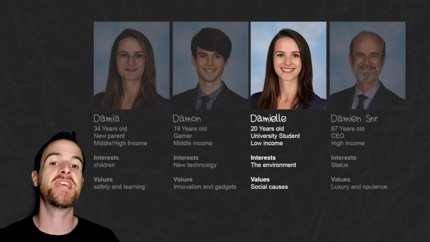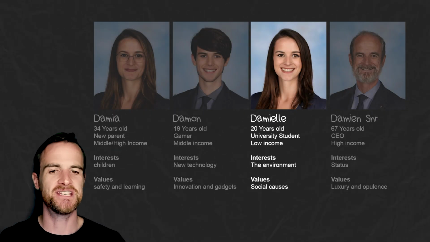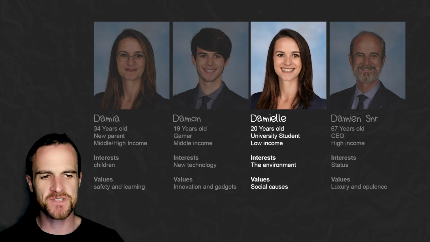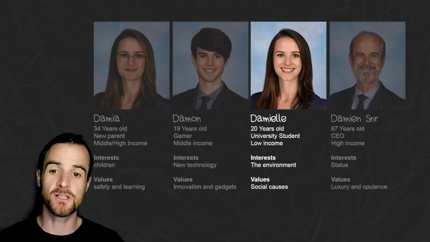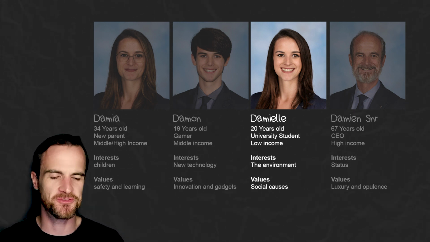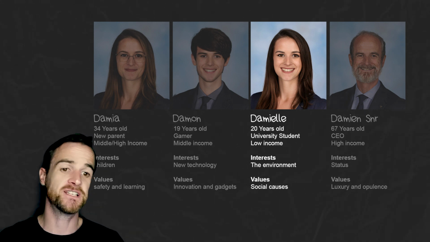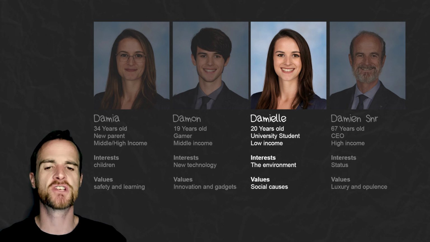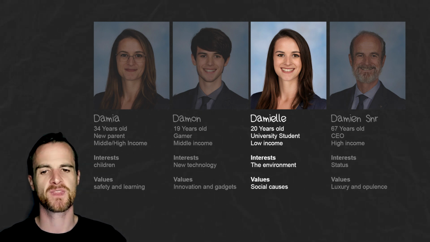Now we have Danielle. Danielle is a 20-year-old university student who has recently moved out of home. Danielle values social justice and deeply cares about the environment. Danielle is of low socioeconomic status and currently values cost effectiveness.